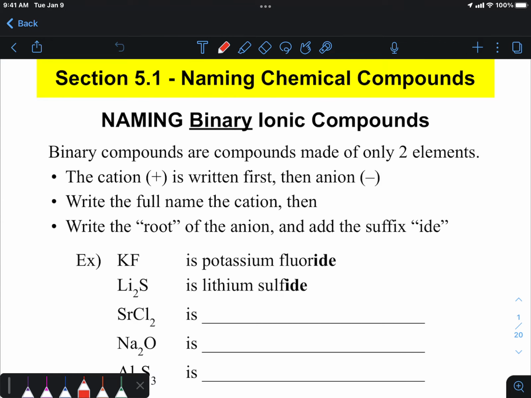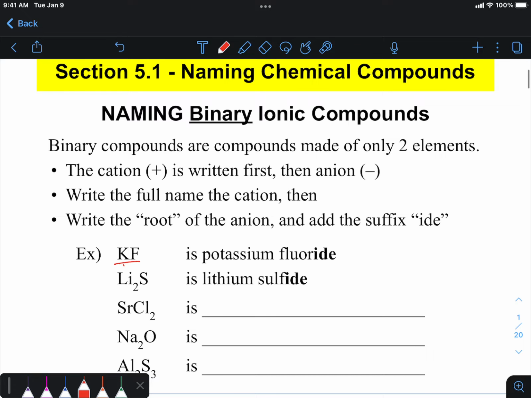So the way that we name these is you write the full name of the cation, right? So just use this as an example right here. So if I gave you the formula KF, the full name of K is potassium. And then you're going to write the root of the anion. So if this element is fluorine, the root of it is this part, right?